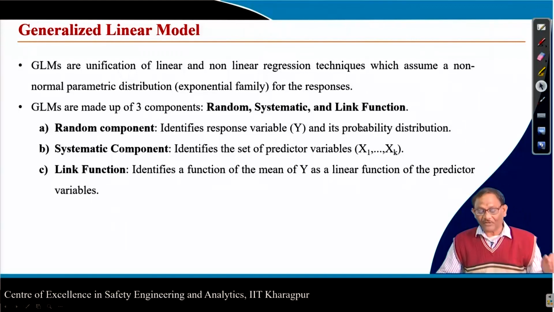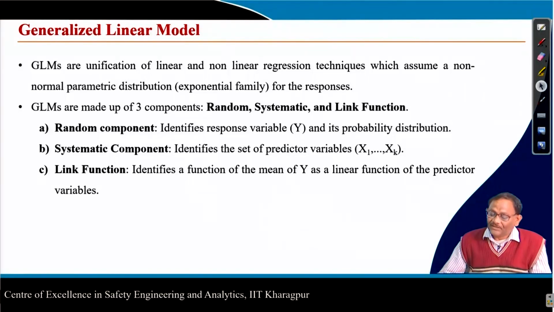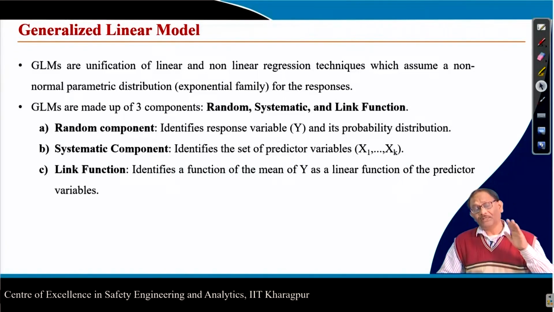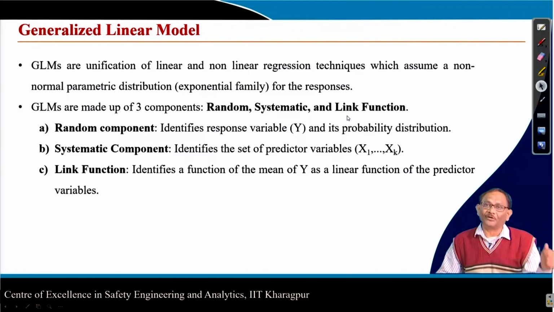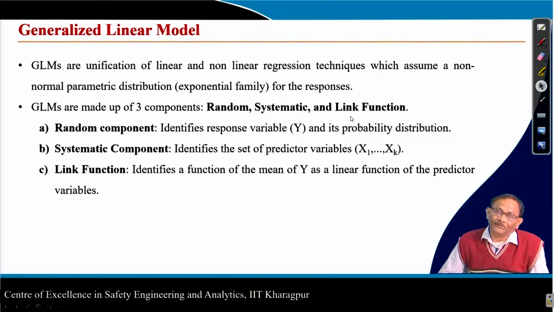What the generalized linear model does is find a link function relating y and x in such a manner that if y is normal, one kind of link is used, and if y is non-normal, depending on what kind of non-normal distribution it is, another kind of link will be found and used.